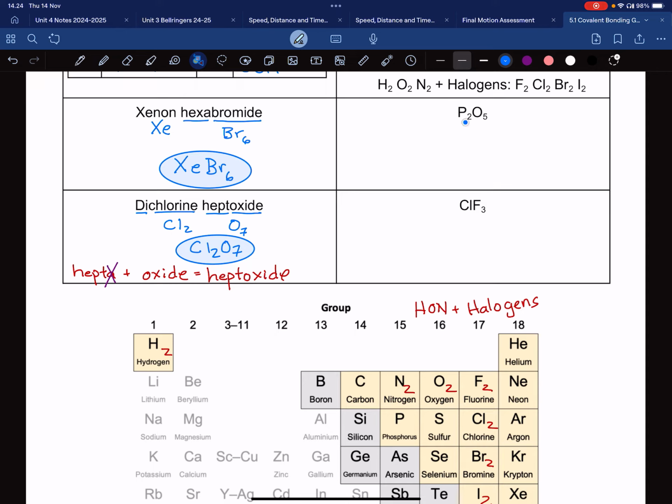That right there is a 2, so it's going to start with di. That's phosphorus, so it's going to be diphosphorus. That right there is 5, so it's going to be penta. This is oxygen, so it's going to be oxide. Now I can do this on an iPad.